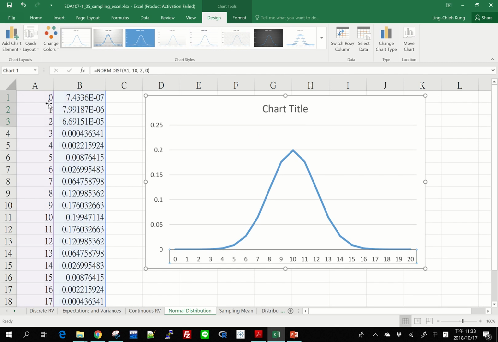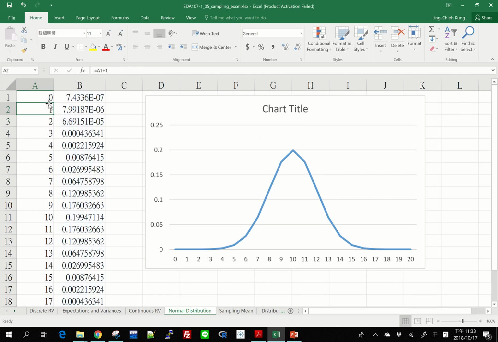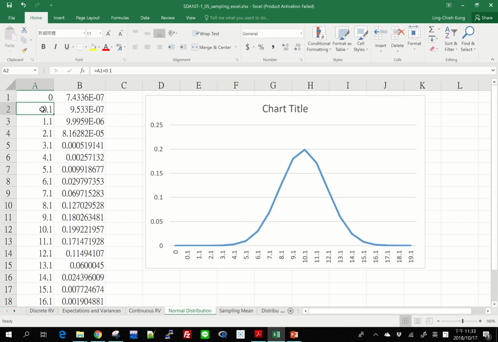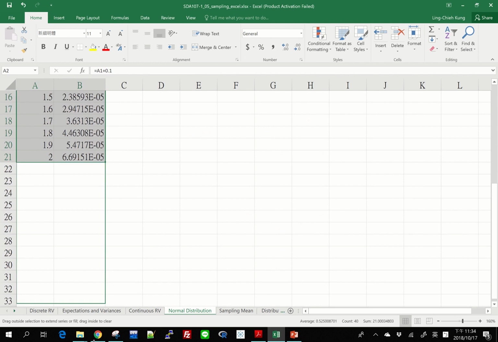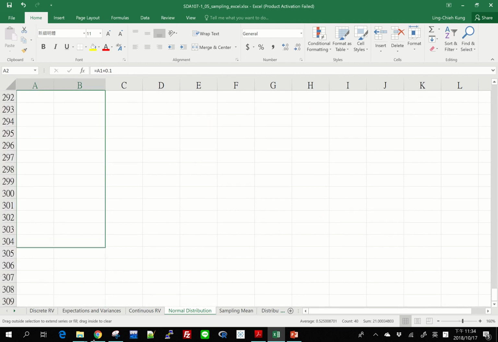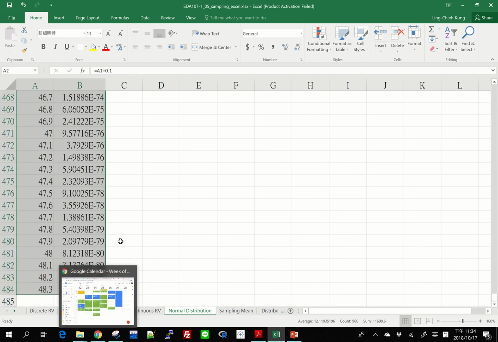Of course, if we want, we may make it more smooth like this. So maybe I want to just use 0.1 as the interval. That means I need to do a lot of function invocations here. And then I want to scroll down very far.